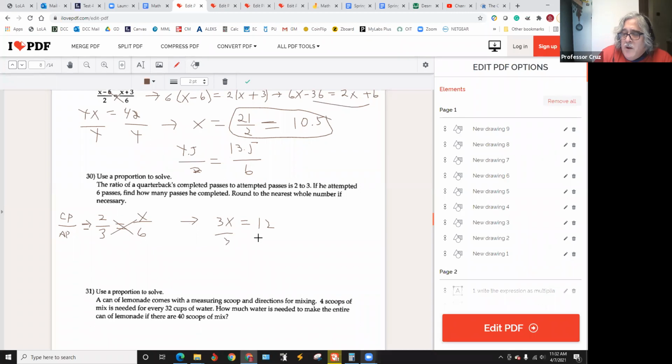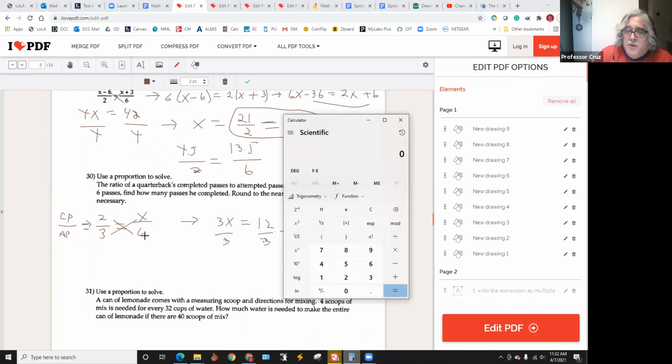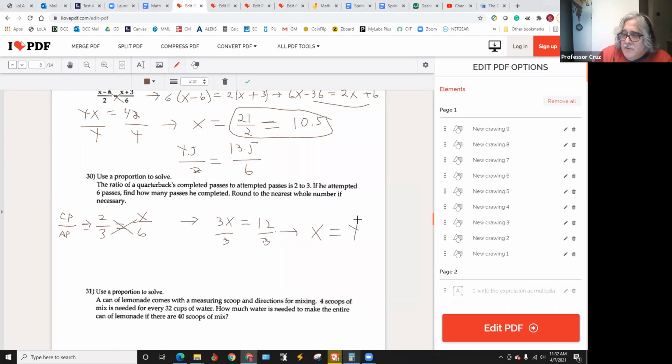Divide both sides by 3. All right, so x is equal to 4. And you can see, like I said, you can check it real easy by just putting that in there. 4 divided by 6 is 2/3, because 2 divided by 3 is also the same value. So we know that that's right.